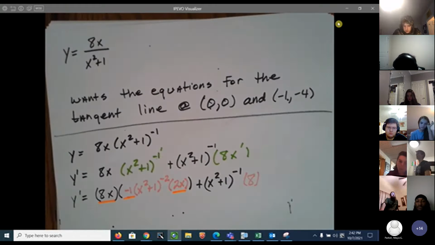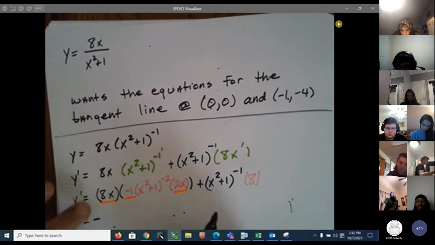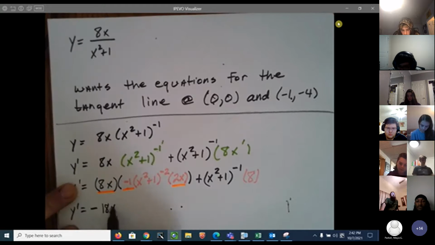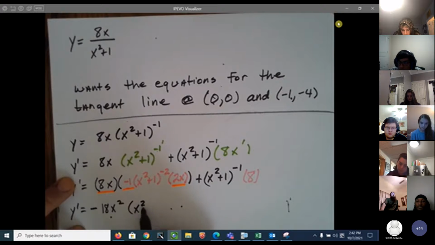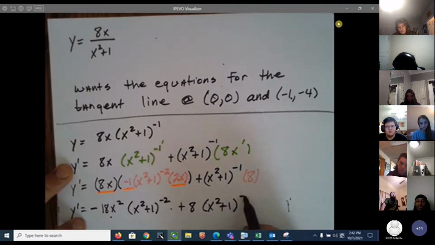And that's going to give me -18x squared times (x squared plus 1) to the -2 plus 8 times (x squared plus 1) to the -1.